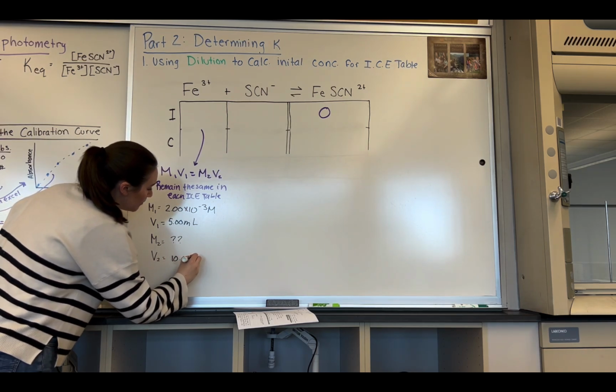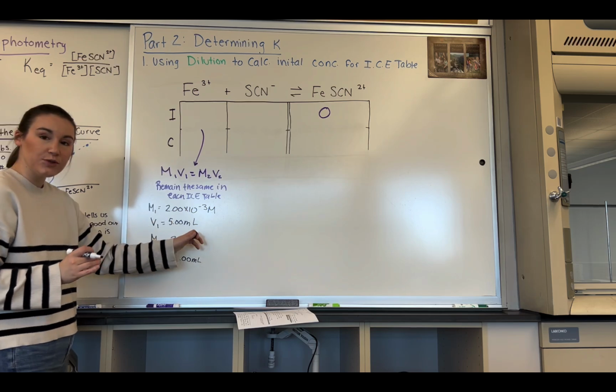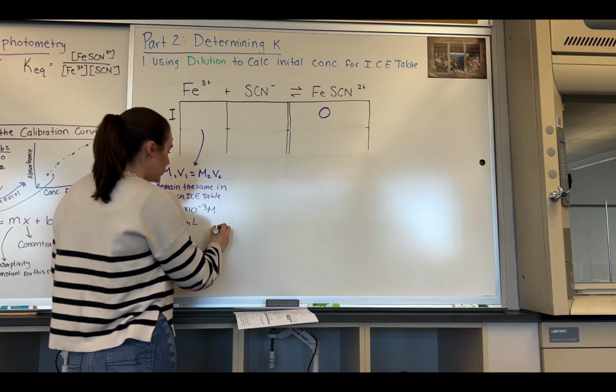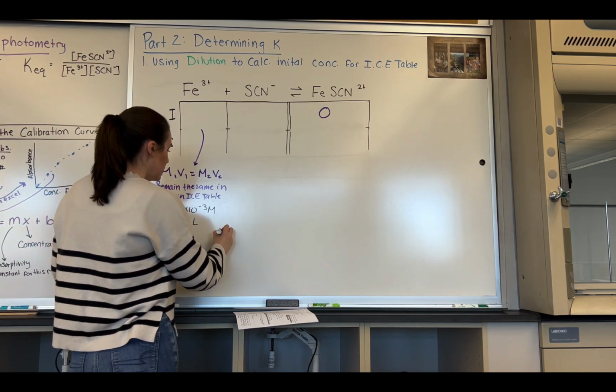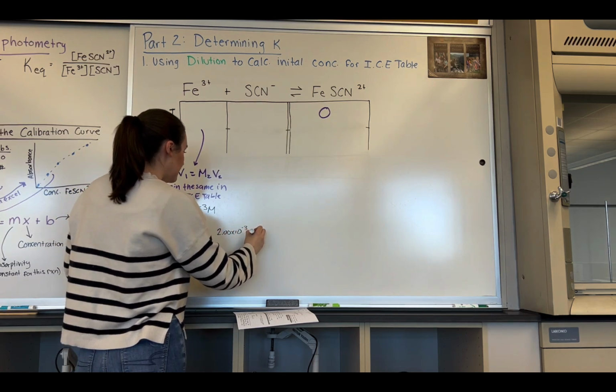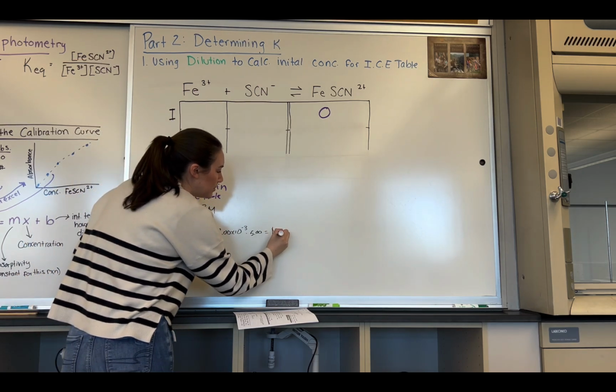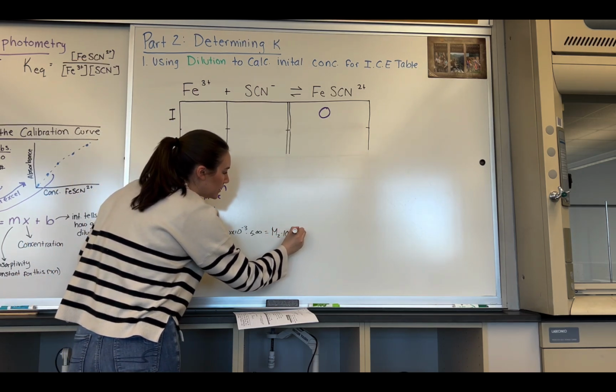10.0 milliliters. Okay, so we have 4 variables, 1 unknown, so we can just solve for M2. So 2.0 times 10 to the minus 3 times 5 milliliters is equal to M2 times 10 milliliters.